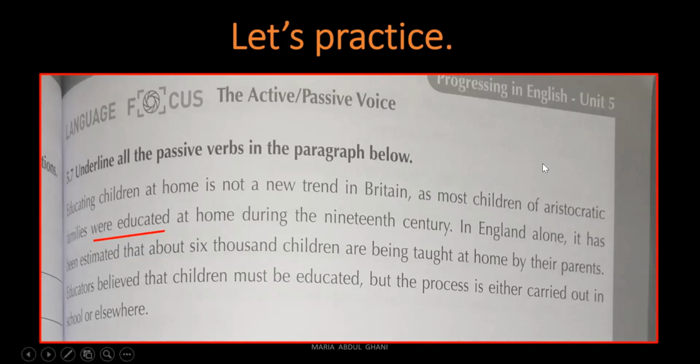Quickly, where is the passive verb? Reham? We have 7 here. Reham, still we have no voice. Munir? Yes, where is the passive verb? Has been estimated. Okay, thank you. Next one.